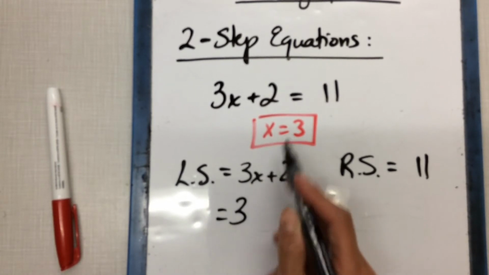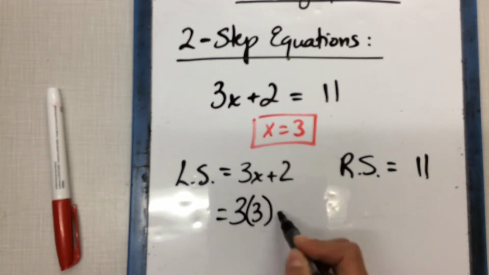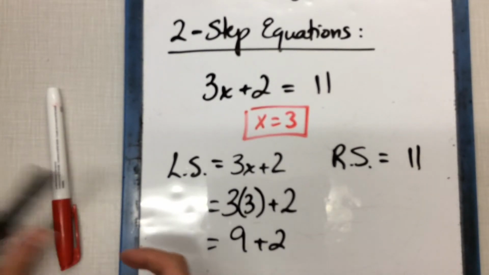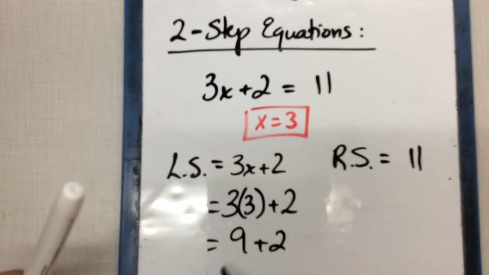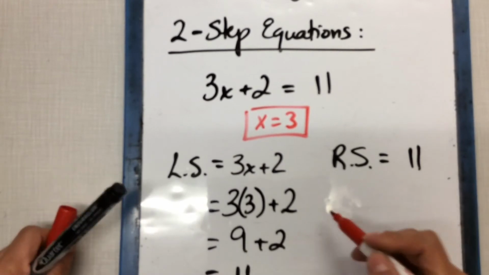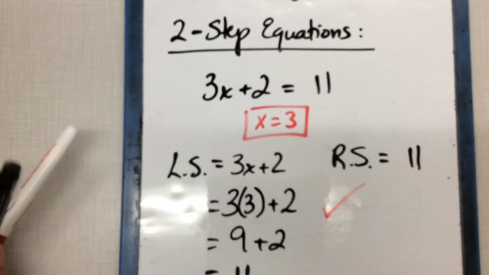And now let's replace, again, use a bracket so that you know which operation you're doing. And this is 9 plus 2. And is 9 plus 2 11? Absolutely it is. And so we know that we have correctly solved this, and we are done. Okay?